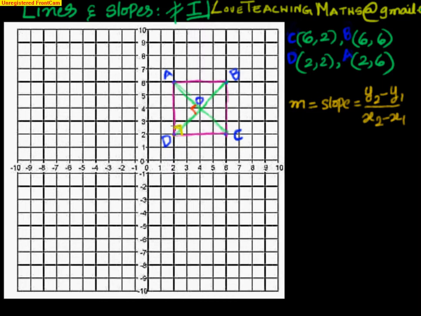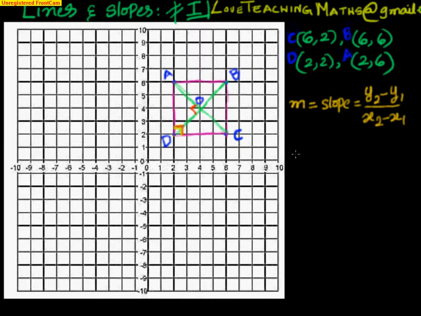So the idea is to find out the slopes of the sides of the square and the diagonals of the square, and thereby look at the relationship we can arrive at between parallel lines and perpendicular lines. Once we are done with this, we'll also see, using trigonometry, how we can find out the relationship between the slopes in the case of parallel lines and perpendicular lines.